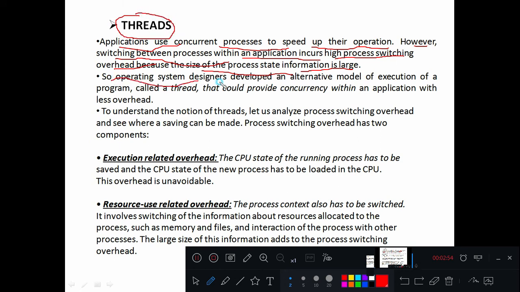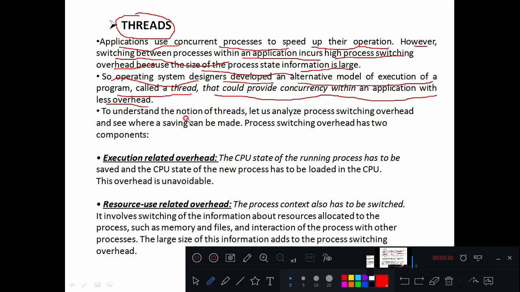Operating system designers developed an alternative model of execution of a program called a thread, right? So instead of creating a child process, because of very much delay in handling the child process, the designers of operating systems have come up with one more kind of model of execution of a program, which is called a thread, that could provide concurrency within an application with less overhead, right?